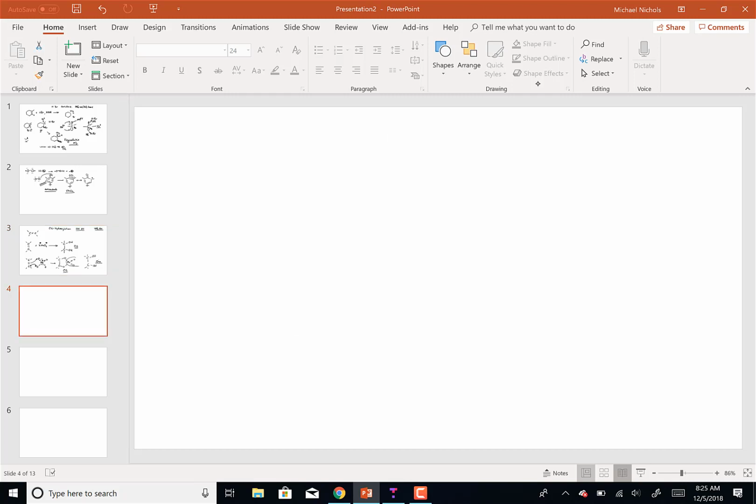And that is, if I take my double bond and I react it with osmium tetroxide, which is OsO4. So osmium tetroxide will pretty much do the same thing.